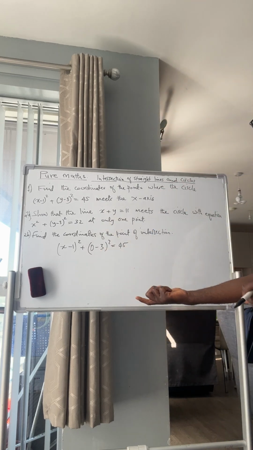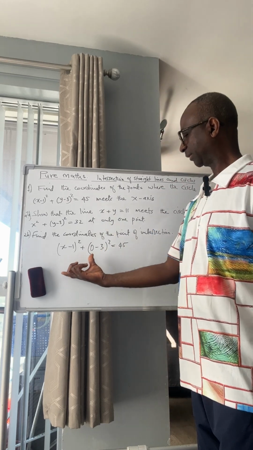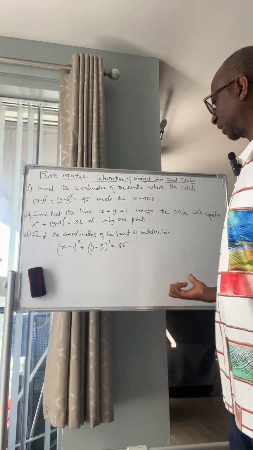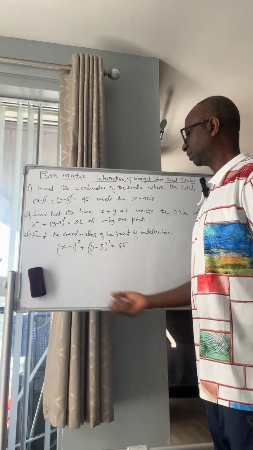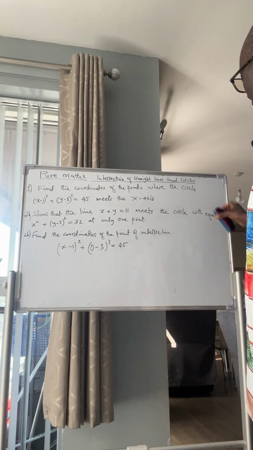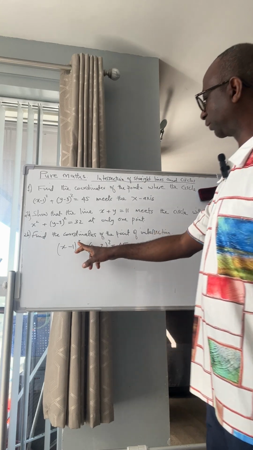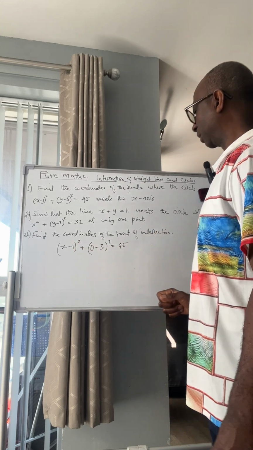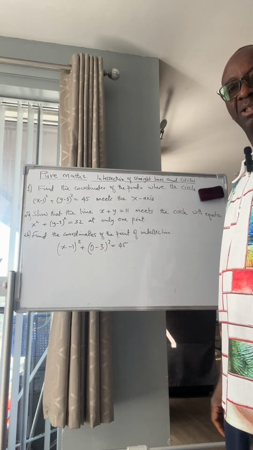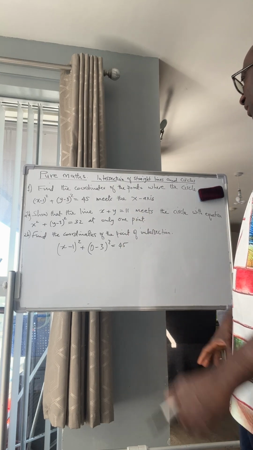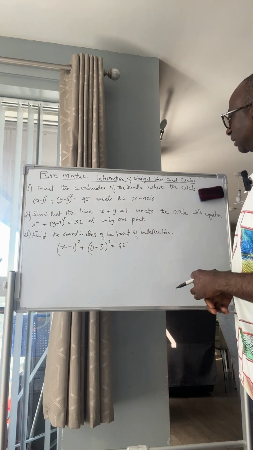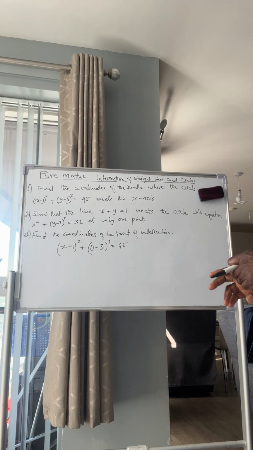This is the equation we need. From here, you know what to do next. You can expand this equation. You will get a quadratic equation because of the square here. Then you solve the quadratic equation. You can easily find the coordinates of the points where the circle meets the x-axis.